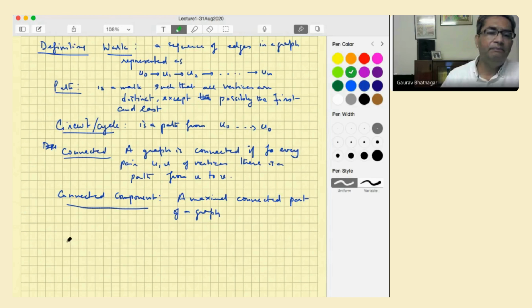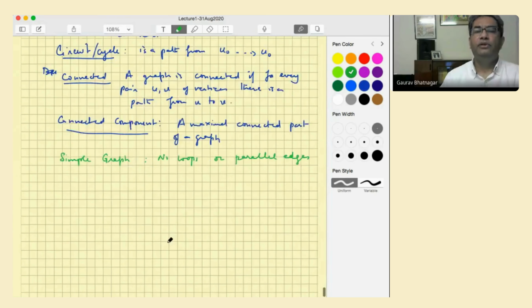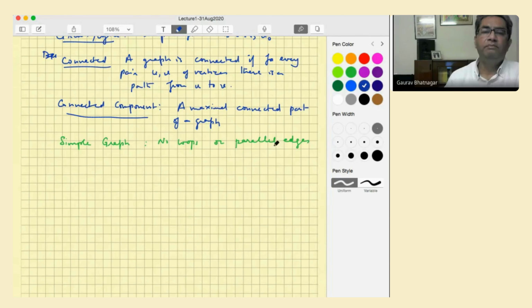Okay, and a simple graph is one with no loops or parallel edges. So typically theorems are for simple graphs. And let me define a special one, a tree, in a different color.